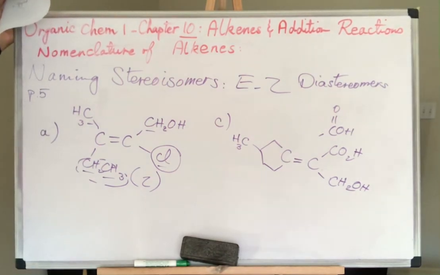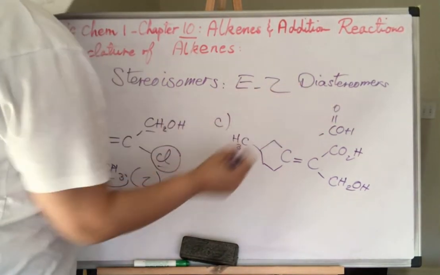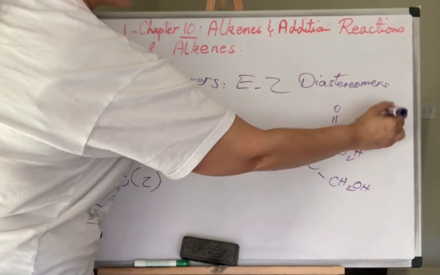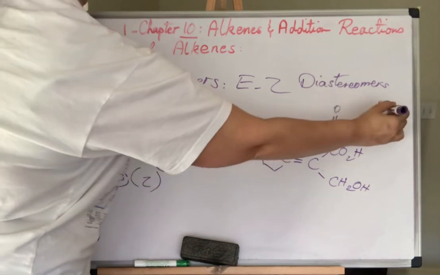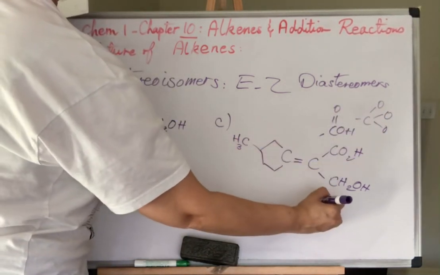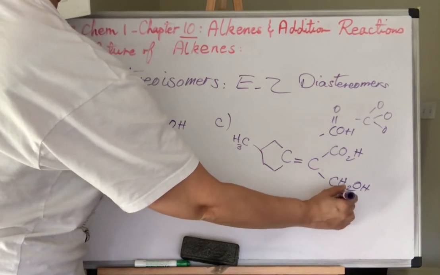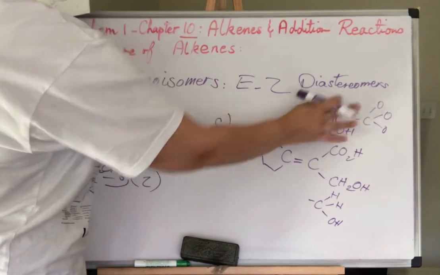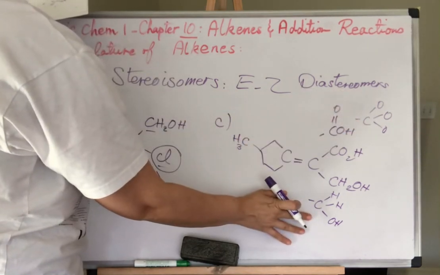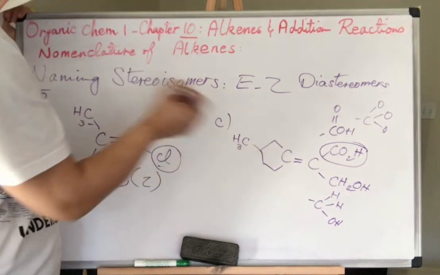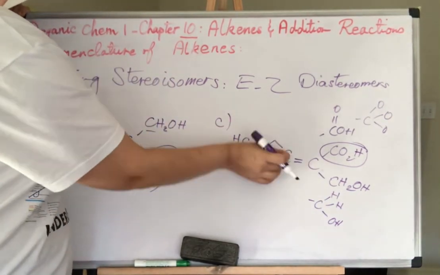CO2H is COOH, the carboxylic acid. So carbon is connected to 3 oxygens, 2 here, 1 here. And here is CH2OH, 2 hydrogens and 1 OH. So which one has priority? 3 oxygens versus 1 oxygen. 3 oxygens for sure.